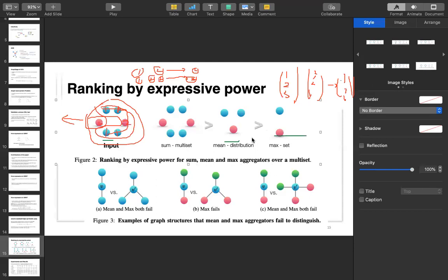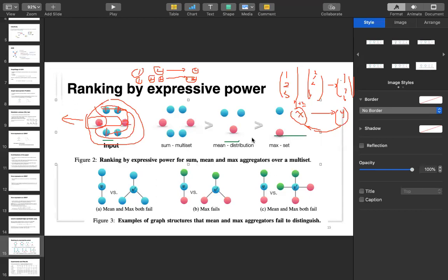Let me think about the injection property. For the injection property, given the explanation of Ruofan, each x corresponds to one y, but not necessarily the other way back. Sum can provide the property because if we change x1 from 1 to 1 plus 2, either change 1 or change 2, the y will change.